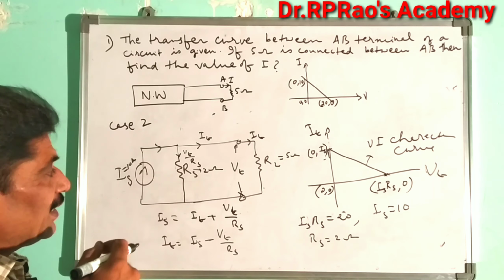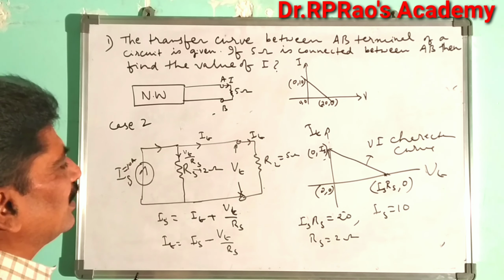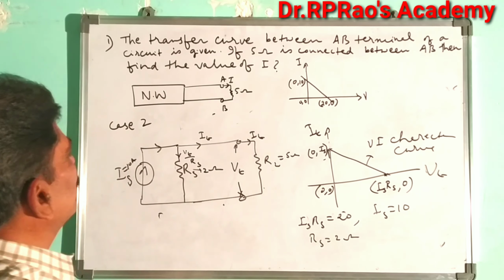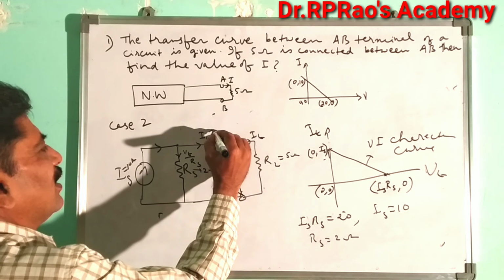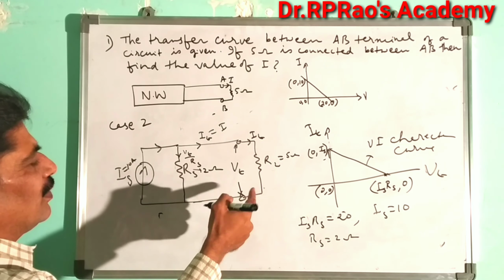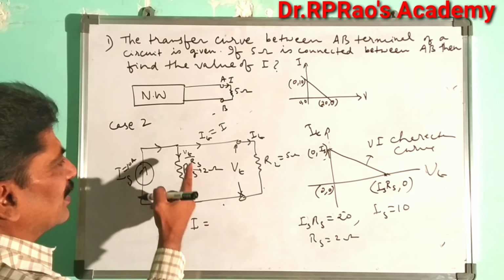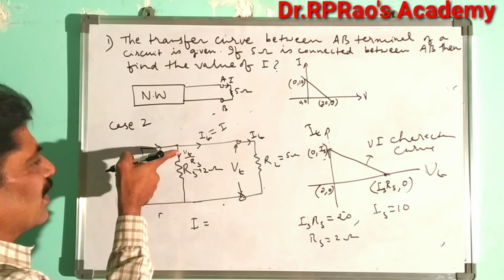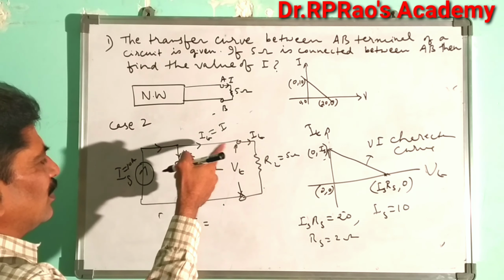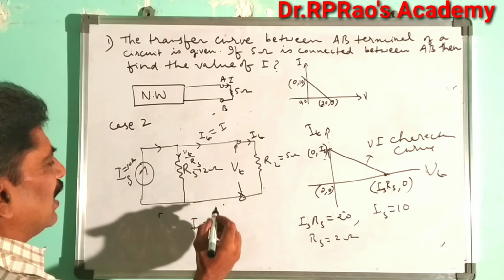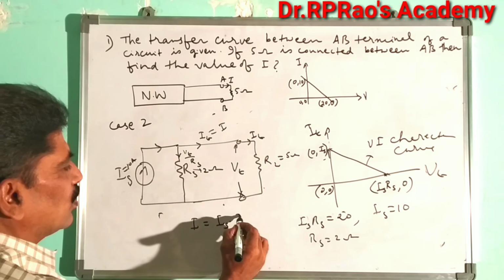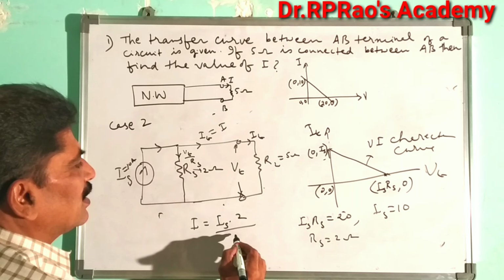By using the current division method, the current is divided into Vt by Rs and I. So I is equal to Is into the other resistance, that is 2 ohms, by the total resistance, 7.